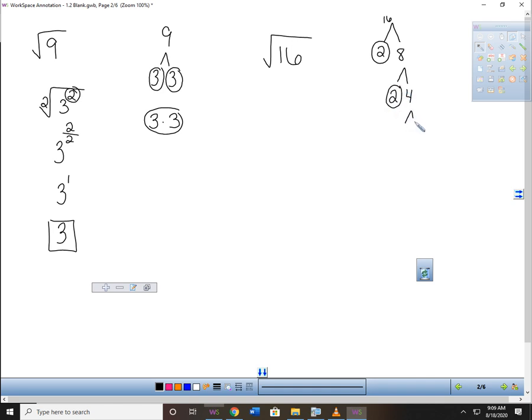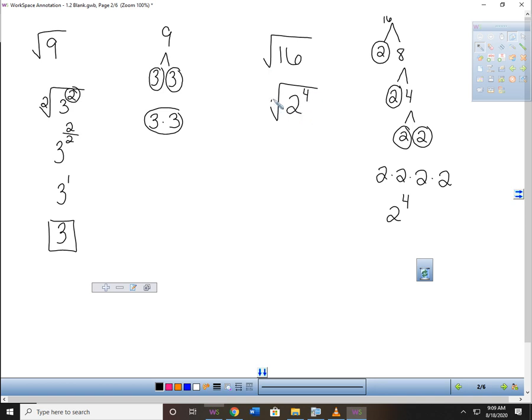And 4 is 2 times 2, and those are prime numbers, right? So I have 1, 2, 3, 4 2's. And I can rewrite that as 2 to the 4th, so I can replace the 16 with 2 to the 4th.